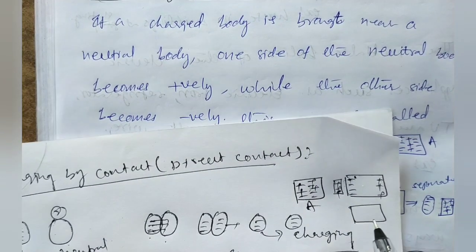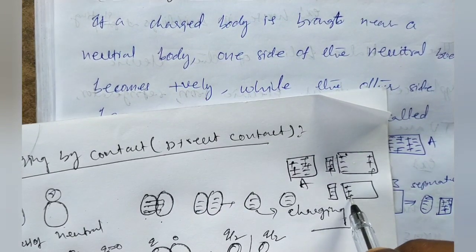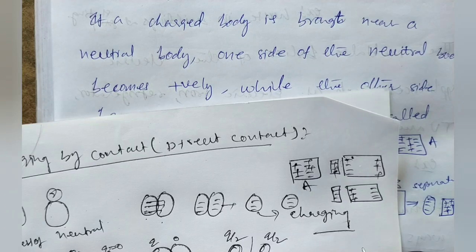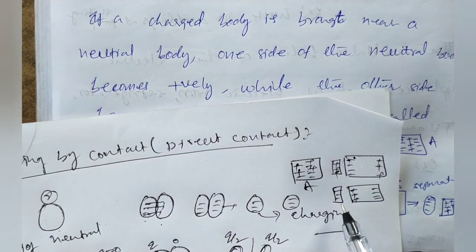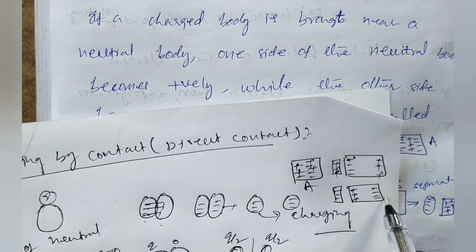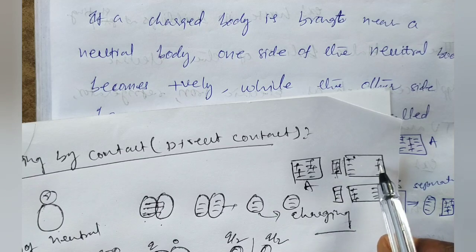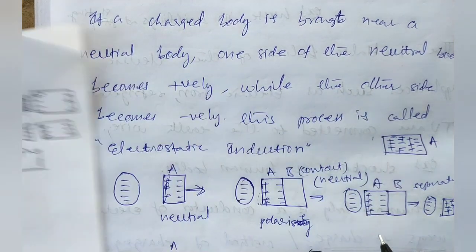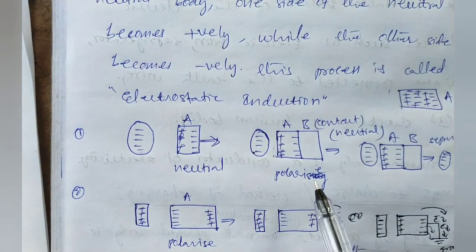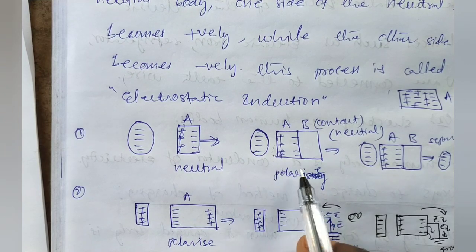Suppose we use a negative plate: the positive charge carriers come to this side, attracted by the negative, and the negative charge carriers go to the other side. Suppose we use a positive plate: the negative charge carriers come to this side and the positive charge carriers form on the other side. This is polarization, occurring when we bring a plate nearby. Whether we take a positive or negative plate depends on the charge carriers.